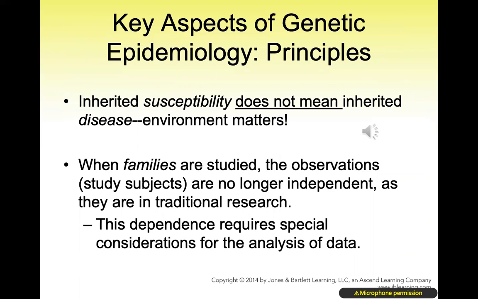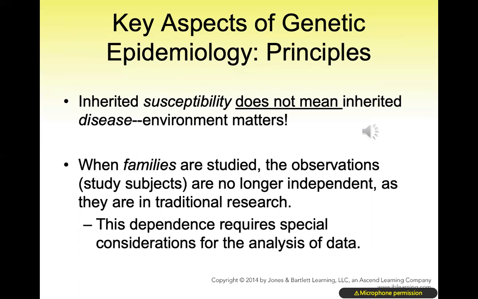Again, the first bullet point refers to this interrelationship between inherited susceptibility and the impact of the environment. Just because somebody inherits a susceptibility does not mean that they will inherit the disease, because of the impact of the environment.